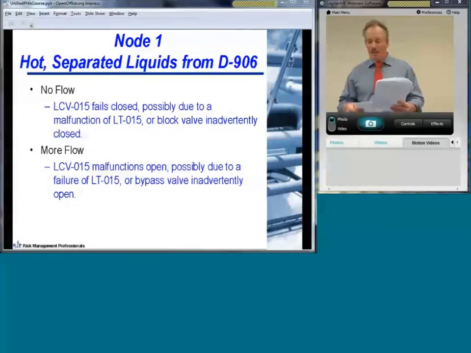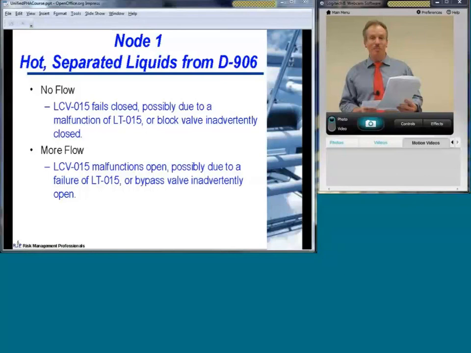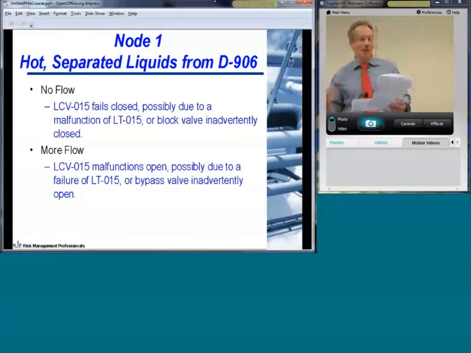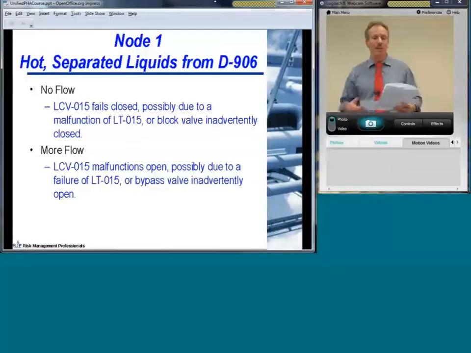And also, as you exit D907, you got level control valve 010 on the hydrocarbon side. And by the way, there's a typo here, LCV 907. That really should be LCV 011. That valve can be failing closed, also to cause no flow. So the key no flow cases that I'd want to look at for node 2 are written out here.